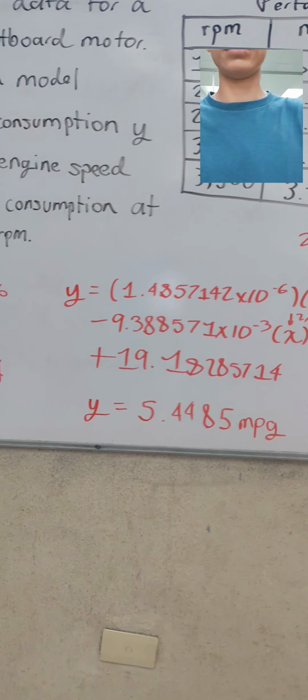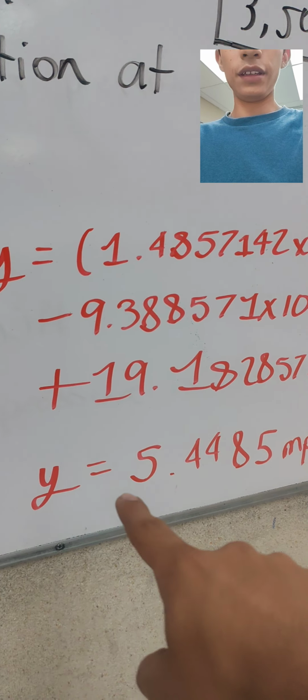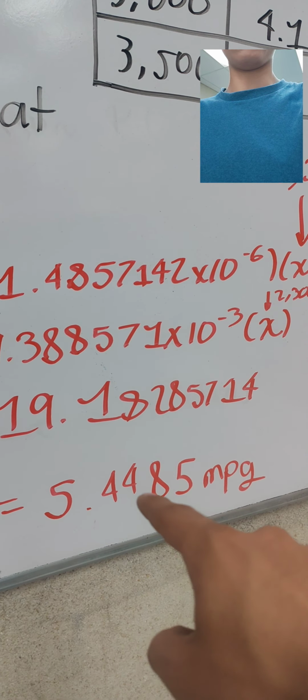So well, performing the operations, we obtain that y is going to be equal to 5.4485 miles per gallon.